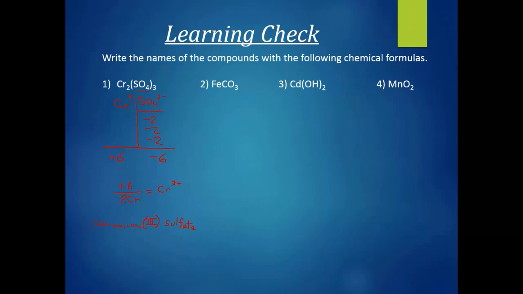I got one person who's ready to shoot out some answers. Frank, go ahead. Is the first one iron 3 carbonate? It's a good guess, but it looks like you did the thing I told you not to do.